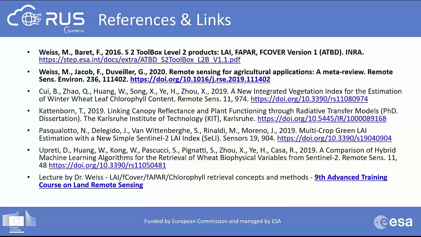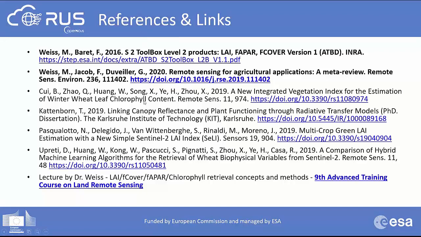And here are the references and links for all the important documents. For example, here at the bottom, this lecture by Dr. Weiss on leaf area index, FCover, FAPAR, and chlorophyll retrieval concepts and methods, that was given at the 9th advanced training course on land remote sensing at the University of Louvain, is very, very interesting, and has all the concepts that you really need to start to understand this problematic.